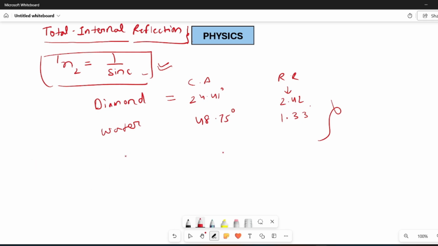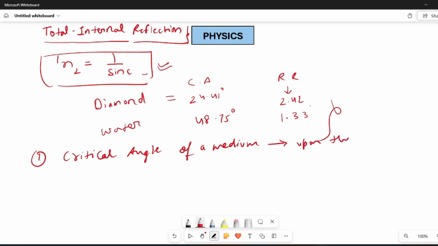The critical angle of a medium depends on the wavelength of light in a certain manner. How exactly? Let's see. Your critical angle of a medium, its dependence upon the wavelength of light.